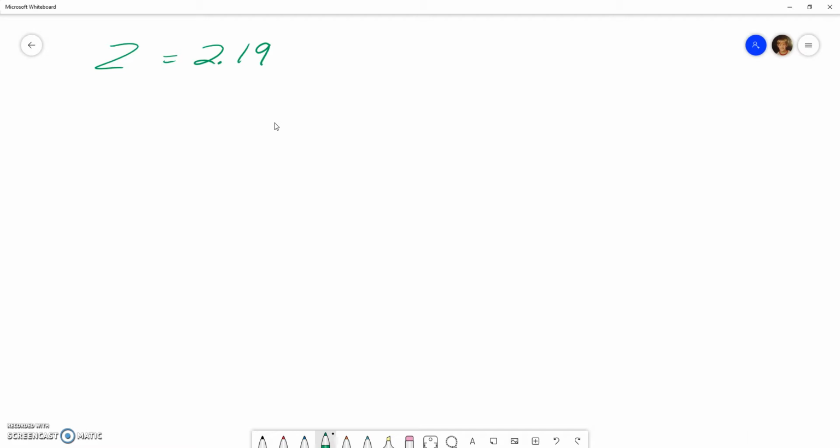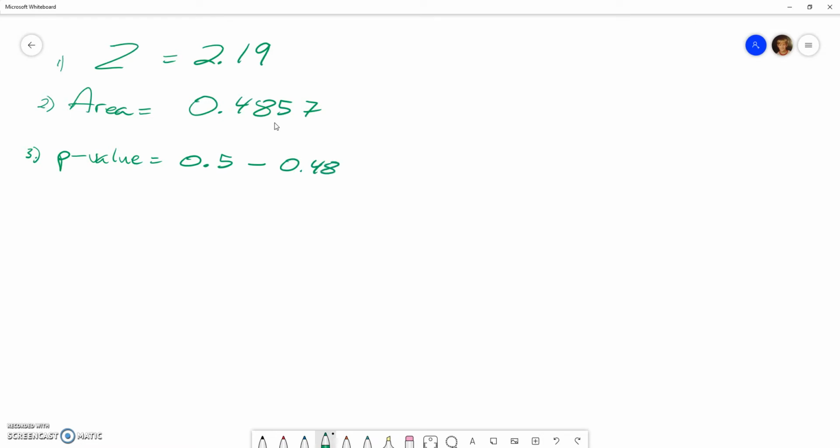The first thing we want to do, and this is very similar to the Chapter 5 process, is a two-step process. First we calculate z, then we find an area for that z value using the normal distribution table, and we get an area of 0.4857. The final answer is basically our p-value. In this case we always subtract 0.5 minus that area that we found based on that z value of 2.19.